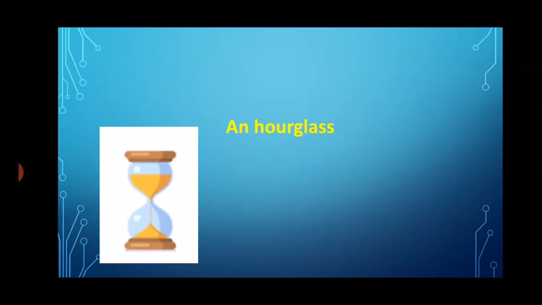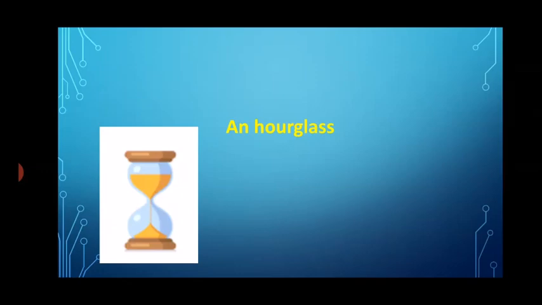In the 14th century, the hourglass came into use in Europe. It consisted of two connected glass vessels fitted in a wooden frame. Dry fine sand was poured into one of the vessels.